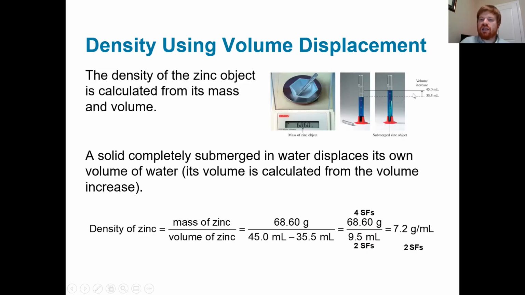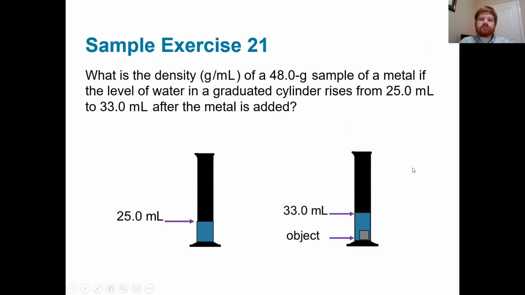In this case, it ends up being 9.5 milliliters. That gives you the volume of the submerged object. So in this case, the density of the zinc is going to be the mass of the zinc, 68.60 grams, divided by the volume that it displaced, 9.5 milliliters. And that gives us our answer in density in grams per milliliter, 7.2 grams per milliliter.